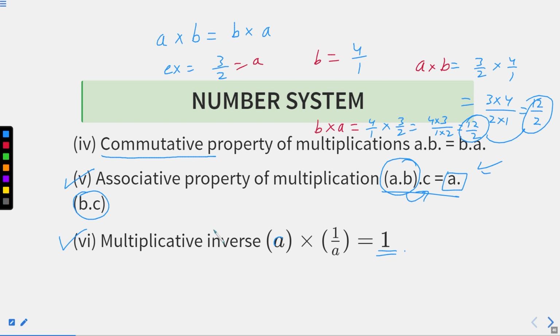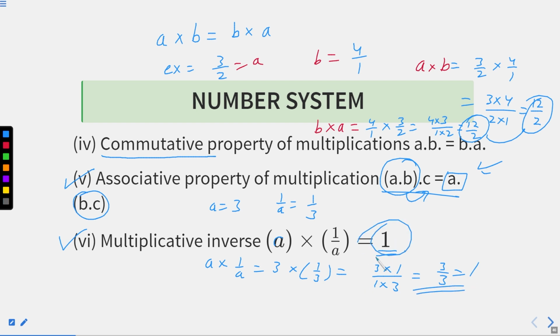For example, say a is equal to 3, then 1 by a is equal to 1 upon 3. And a into 1 by a is 3 into 1 by 3, which is 3 into 1 upon 1 into 3, which is 3 by 3, which is equal to 1.